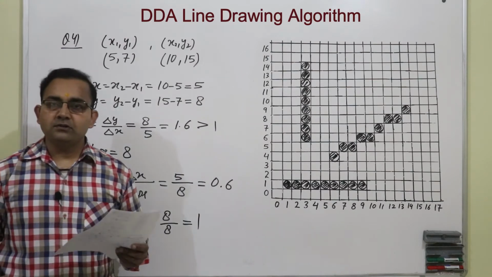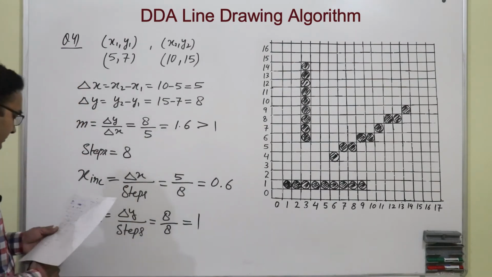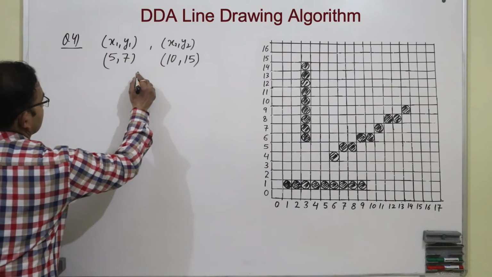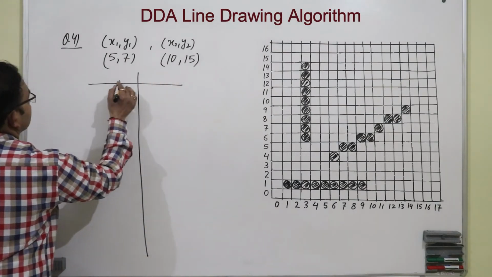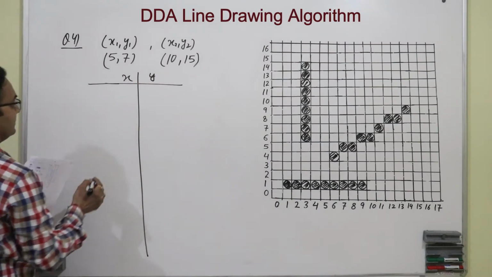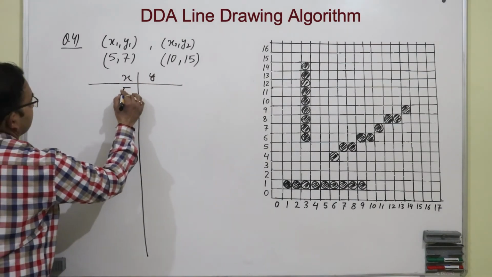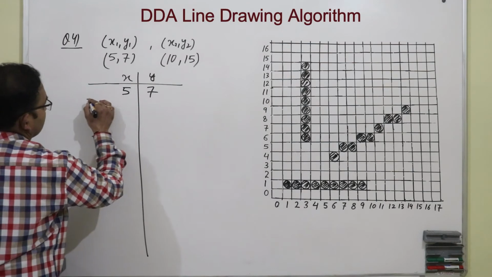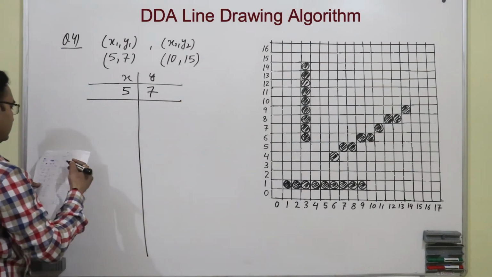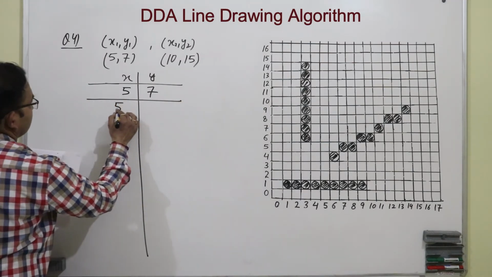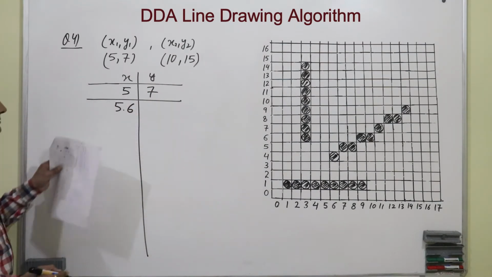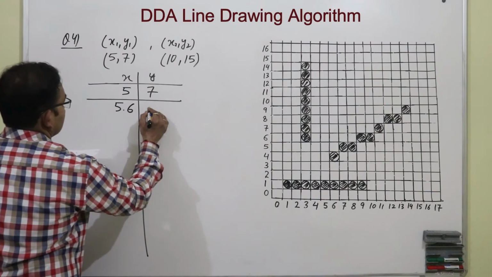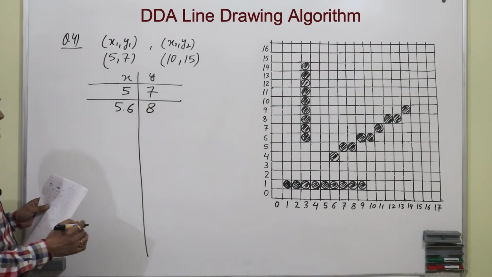Now we will draw a table. X, y coordinates, initial coordinates 5, 7, 5.6 because there is increment of 0.6 in x, and y will be 8.